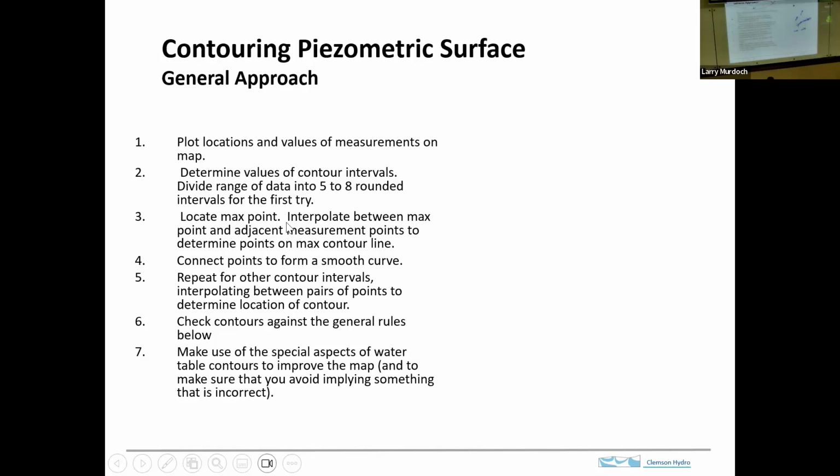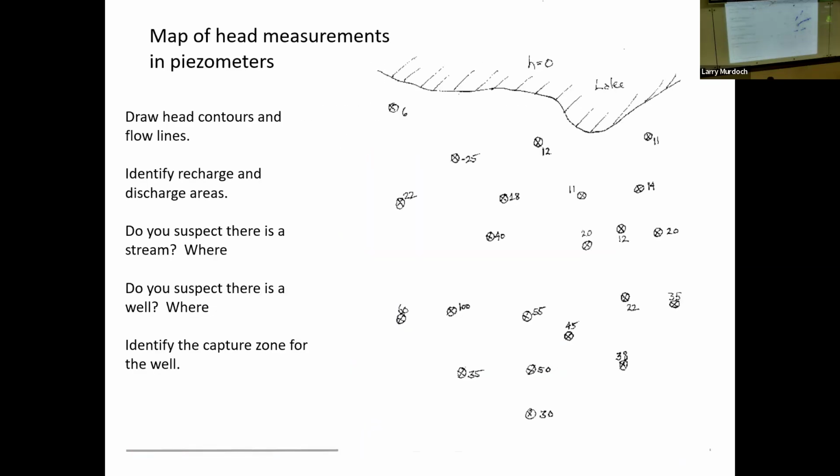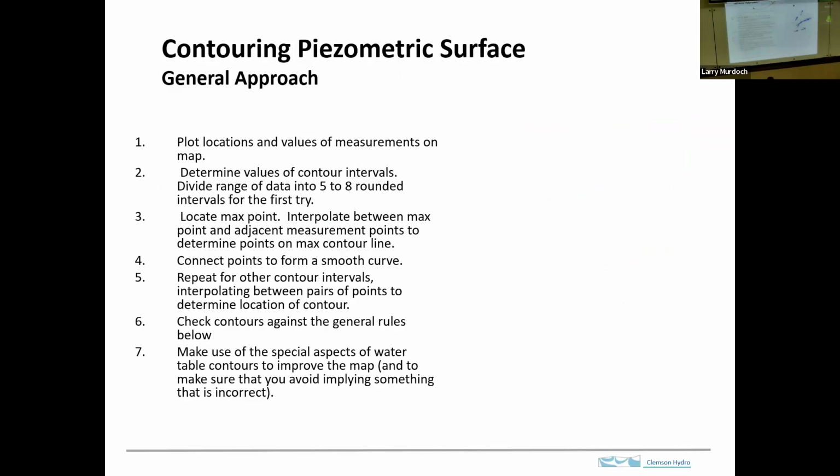So then we locate the maximum point and interpolate between the maximum and the adjacent measurement to get a contour line. Actually, I messed up. You have that handout, right? Let's just do this one for now.